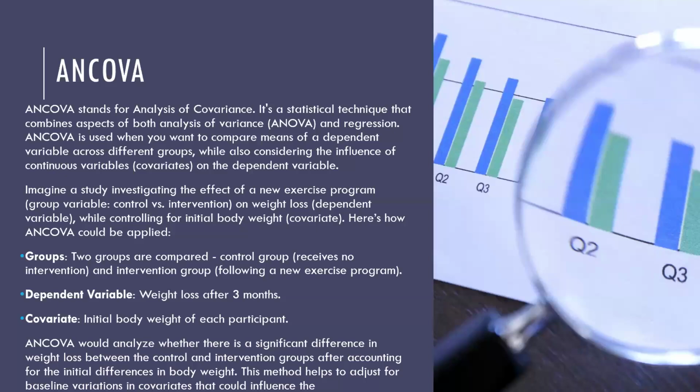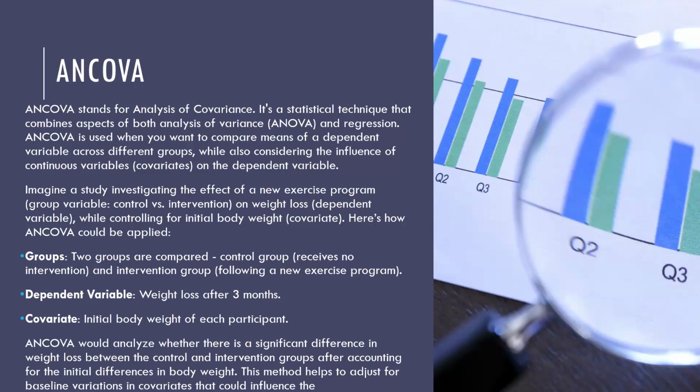The next one is called the analysis of covariance. This is a very interesting test. It's actually combining the analysis of variance with linear regression. And so what you can do here is look at the impact of a third variable on your dependent variable.